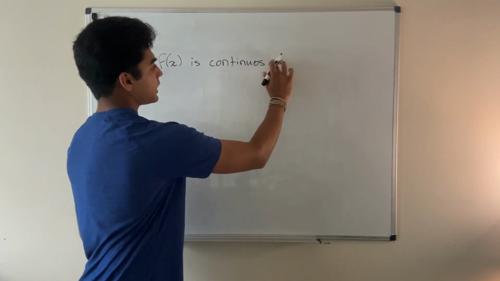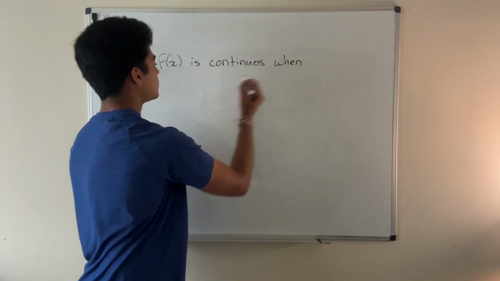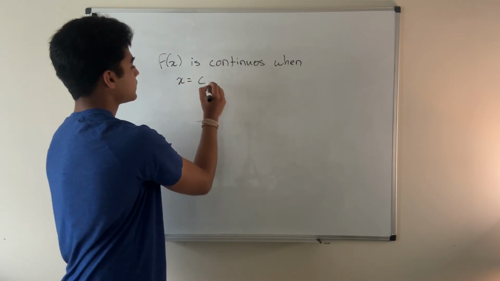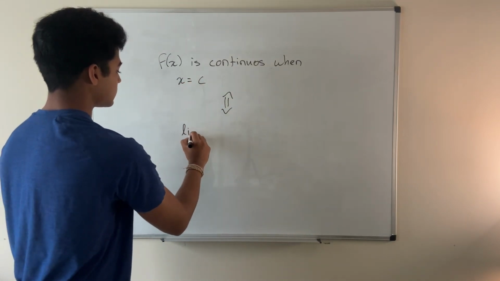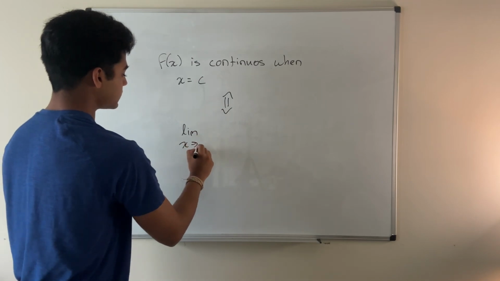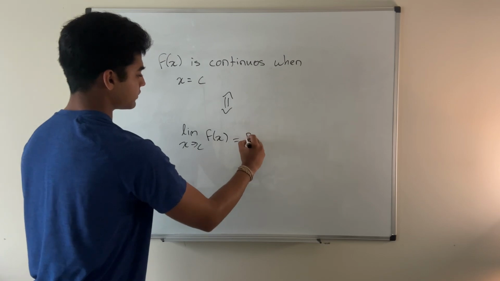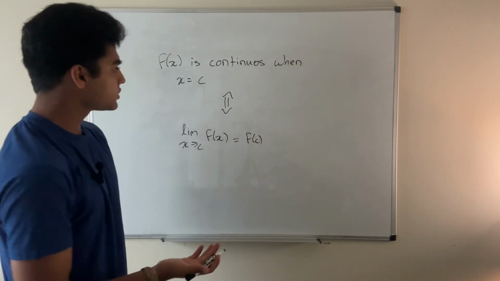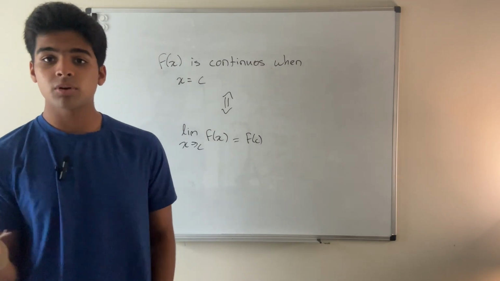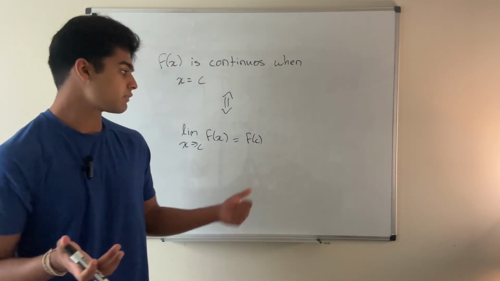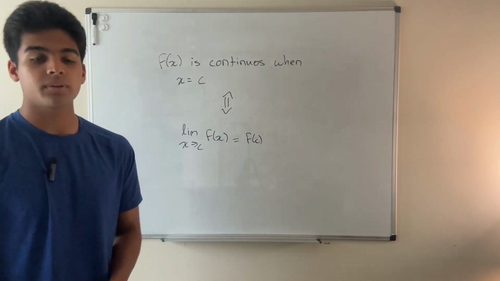When x equals c, if and only if the limit as x approaches c of f of x equals f of c. So this basically just means that as you approach that c value, it has to approach the same value that f of c actually is. And if it doesn't, then that means it's not continuous at that point.